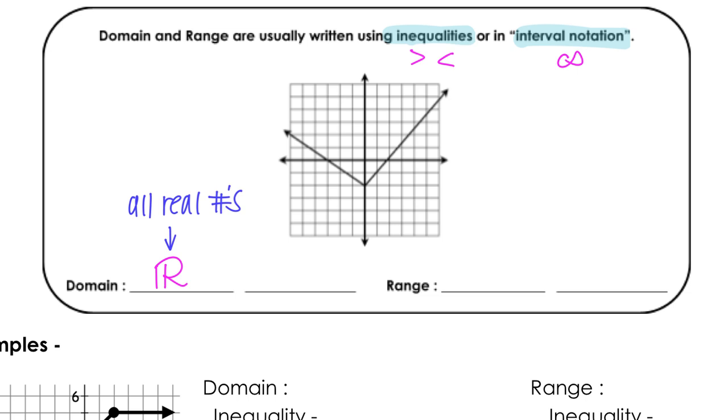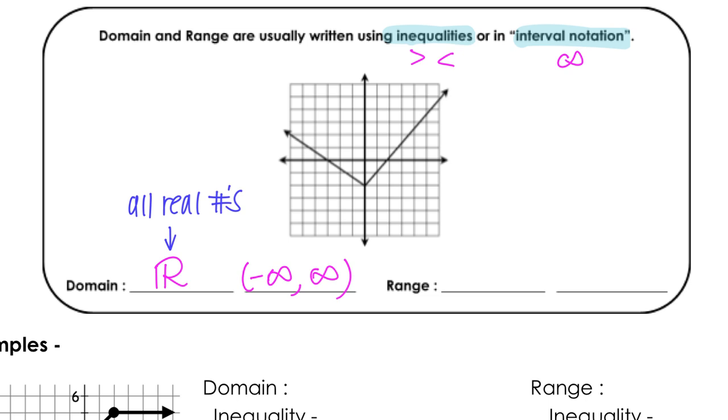You know how it has like the double bar? Do you know what I'm talking about? Okay. Some people do, some people don't. But it has two vertical lines for the R, and that means all real numbers, okay? So that is what it looks like in inequality notation. In interval notation, it looks like negative infinity to positive infinity. Okay?